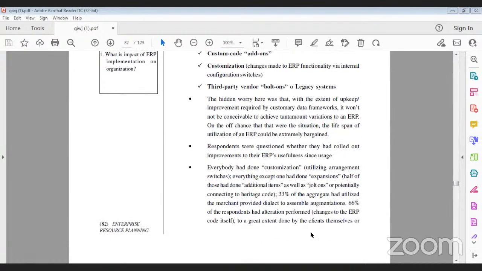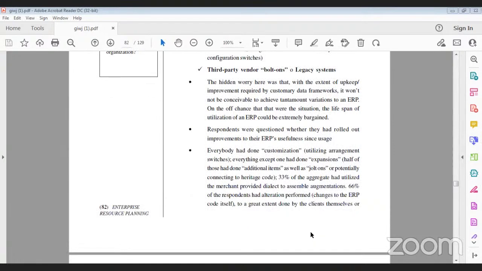Then the third point is that everybody had done customization, that means utilizing the arrangement of switches. Everything except one had done extension. Half of those had done add-ons as well, and potentially connected the legacy code. 33% of the total had utilized the vendor-provided bolt-ons.